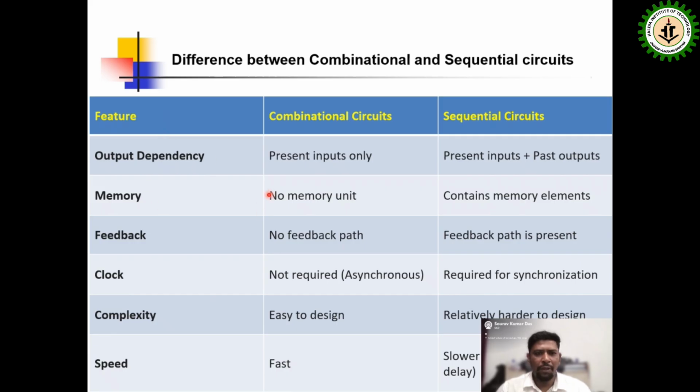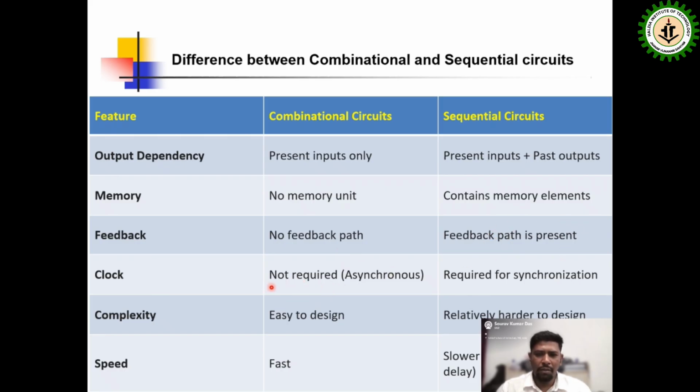The features are output dependency, memory, feedback, clock, complexity and speed. In the combinational circuit, the output depends on present input only; in the sequential circuit, on present input as well as past output. The combinational circuit has no memory device, while the sequential circuit has memory built in. The combinational circuit has no feedback path, while the sequential circuit has a feedback path.